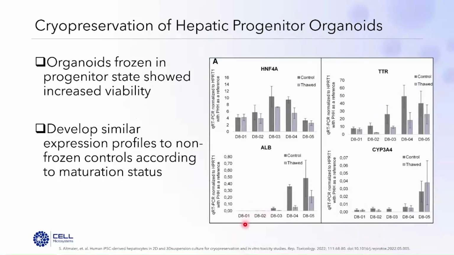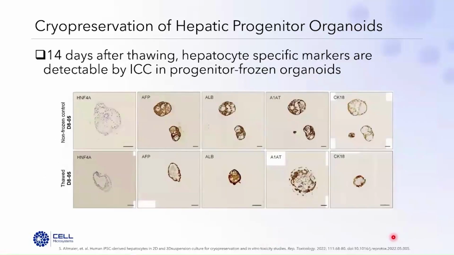As you can see, in gray being the control and blue being the thawed, they had similar expression profiles of the progenitor markers as well as mature markers. So decreasing in those progenitor markers over time, whereas the mature markers increased over time, similarly between the control and thawed organoids. So this further supported that those organoids could be recovered, and they continued to differentiate them into mature hepatocyte organoids.